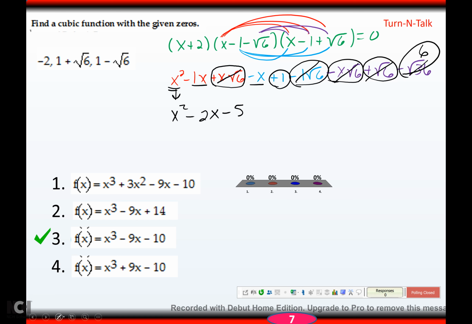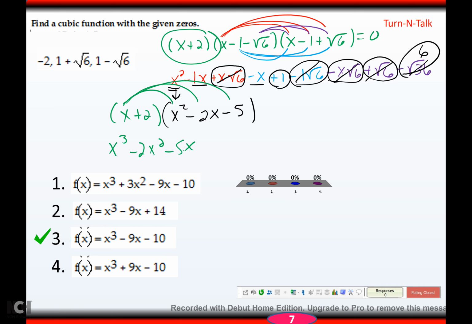But don't forget I have to multiply that by this x plus 2, which gives me x cubed minus 2x squared minus 5x plus 2x squared minus 4x minus 10.